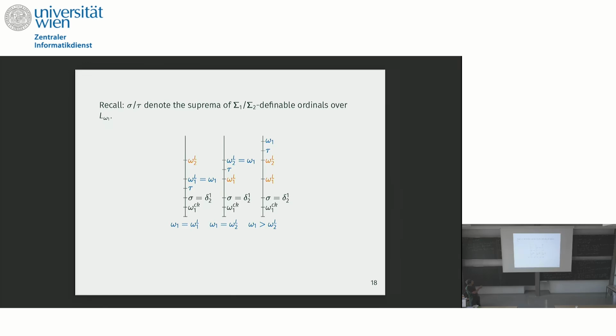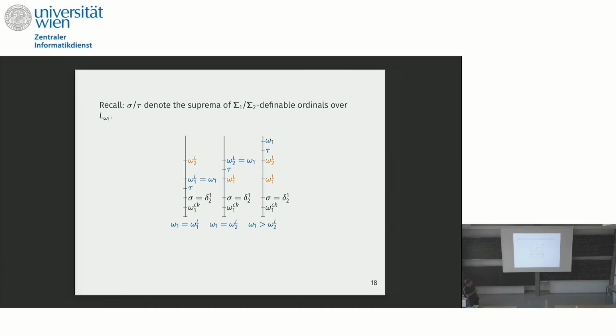So we want to know about these ordinals because of the ranks, so let's just see what they do. Sigma is always absolute, but this tau changes if you go to different models of set theory. This is the case we just saw. If ω1 of L equals ω1, then this tau is clearly countable, so it's somewhere here.